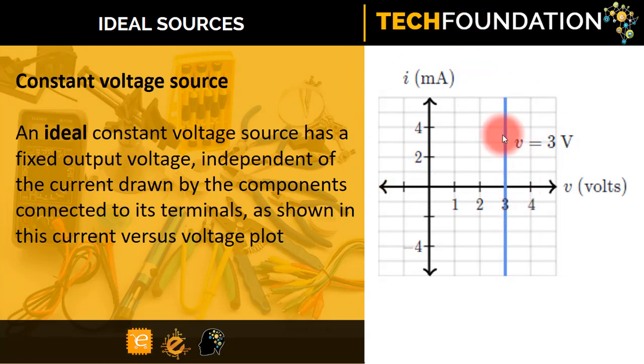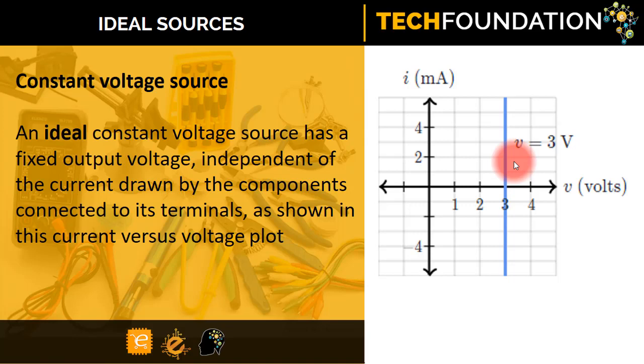This means that, for instance, if we set our ideal voltage source to 3 volts, as we've done in here, as we are showing in this graph, then irrespective of the amount of current we draw from it, this output voltage will remain unchanged.